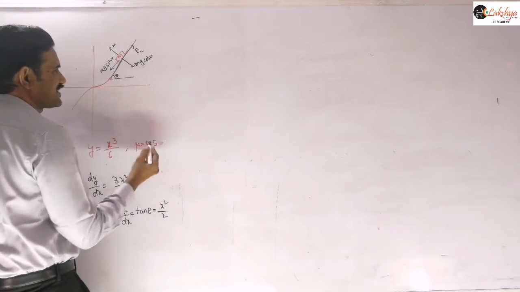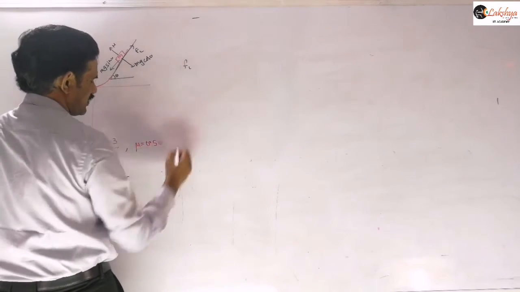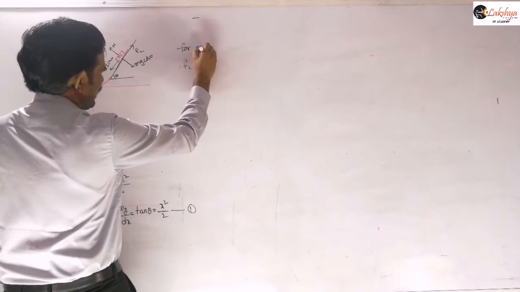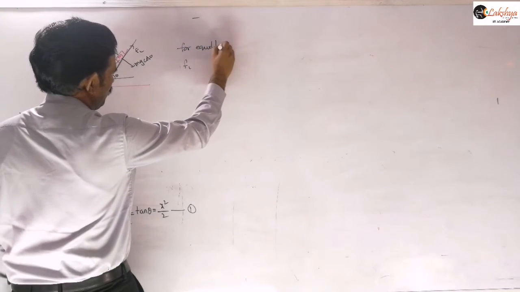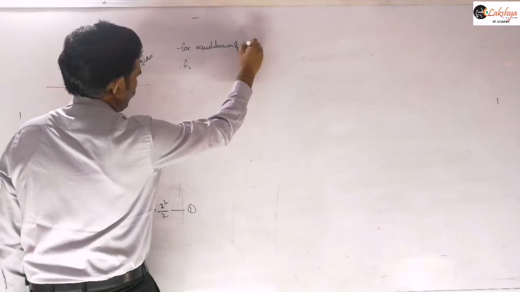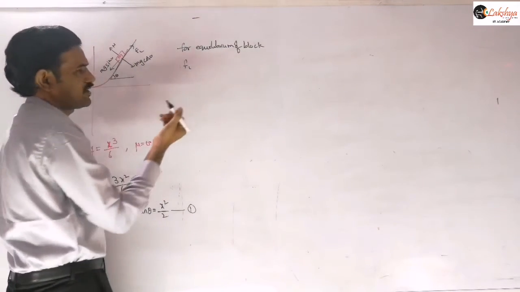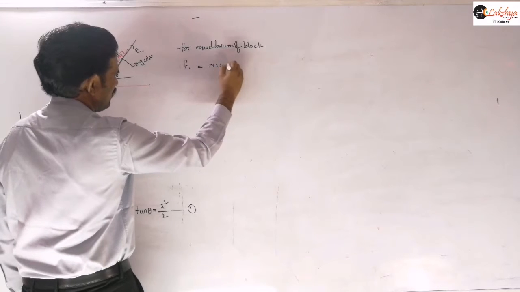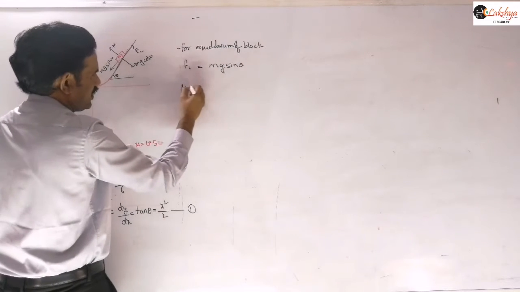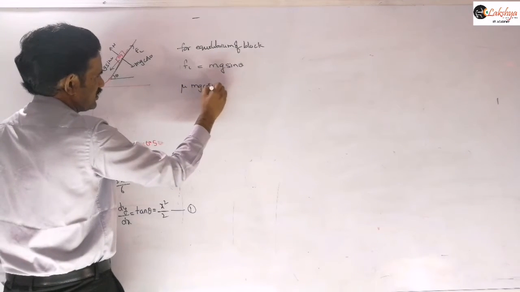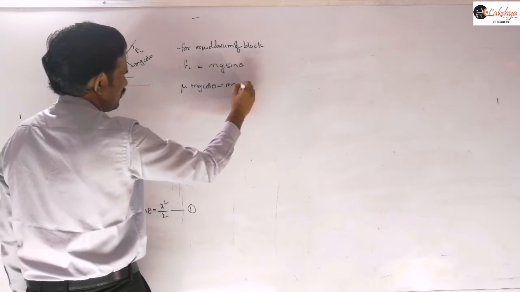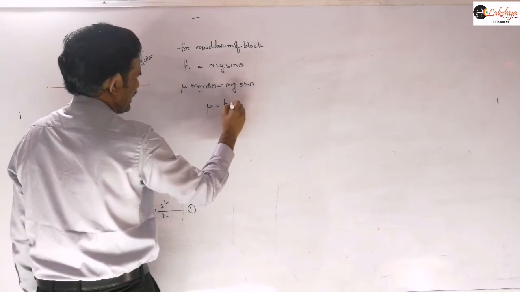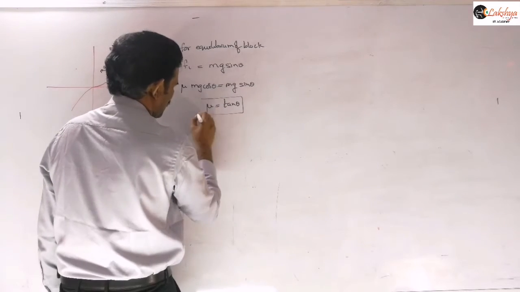When the object is in maximum equilibrium, this is equation 1, for equilibrium of the block. The limiting friction is mu mg cos theta, and this equals mg sin theta. So mu is equal to tan theta, we can write.